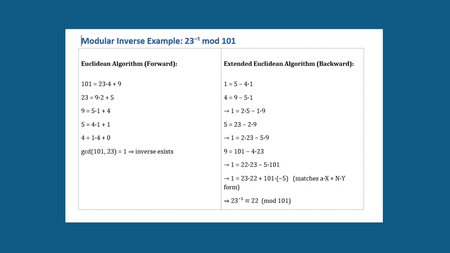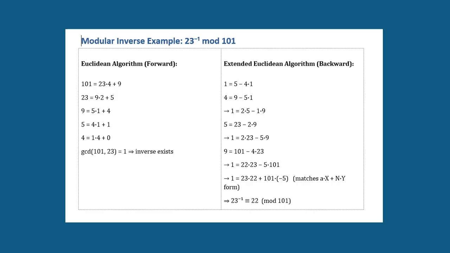So once again, you do the forward Euclidean to find the GCD. You divide 23 into 101, and the quotient is 4, and 9 is the remainder. And once again, you use the remainder to divide into 23, and so on.